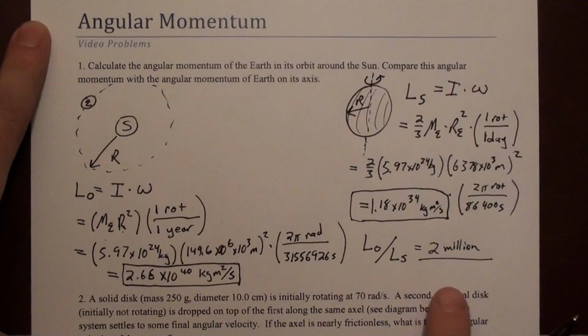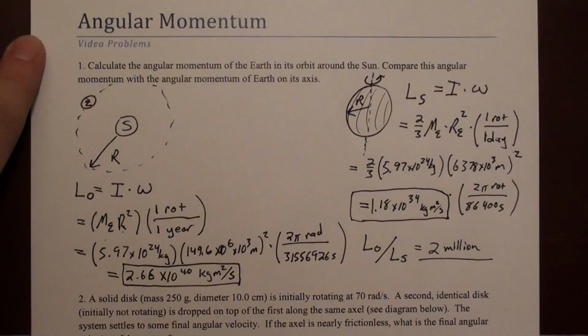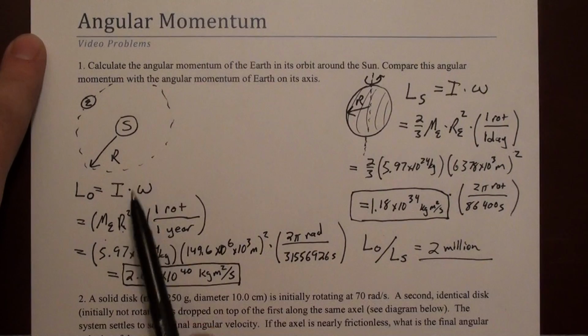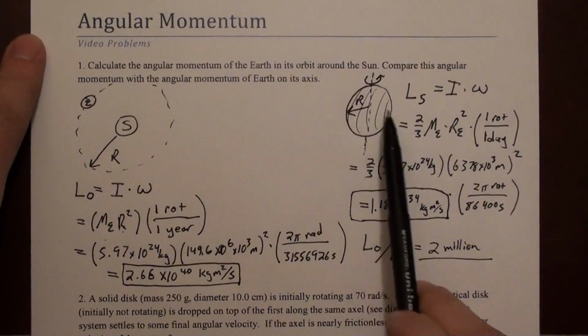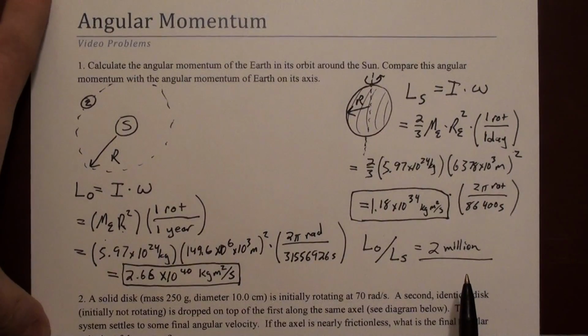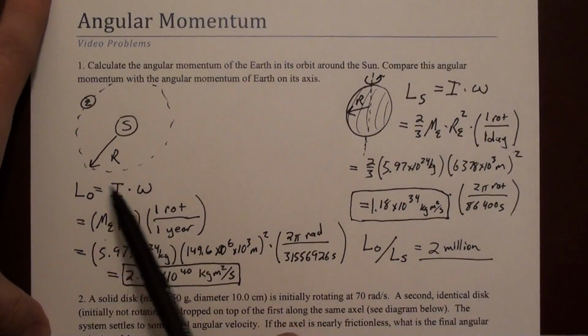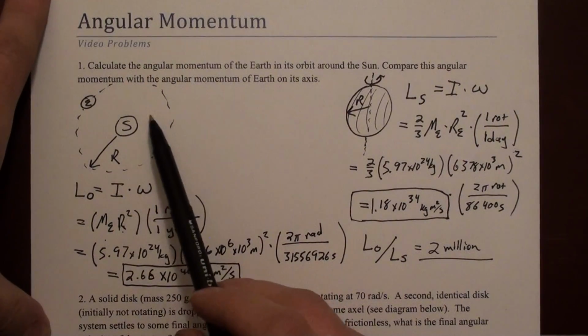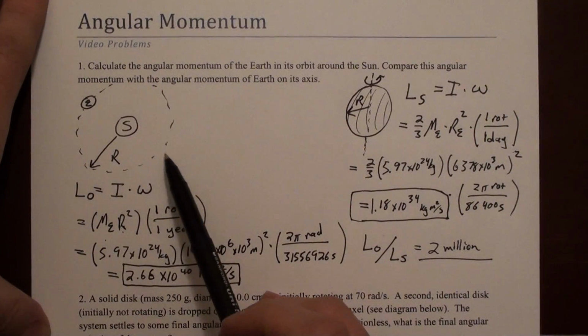Alright, but what's more interesting than this number to me is the fact that the Earth has 2 types of angular momentum, or angular momentum from 2 sources. One due to this orbit, the circular motion, and another due to spinning. In fact, when you look at atoms, electrons orbit, or can be considered to orbit nuclei in this way.